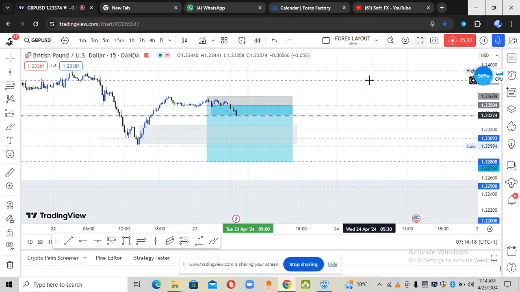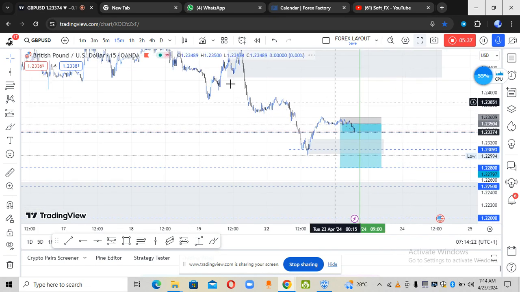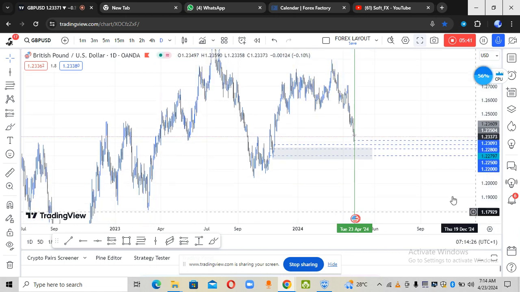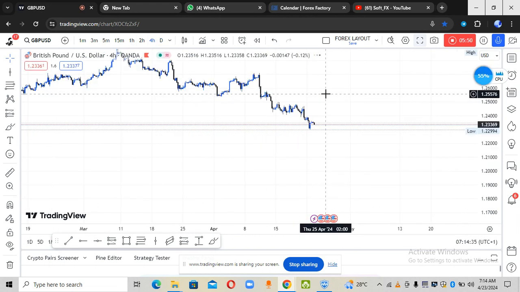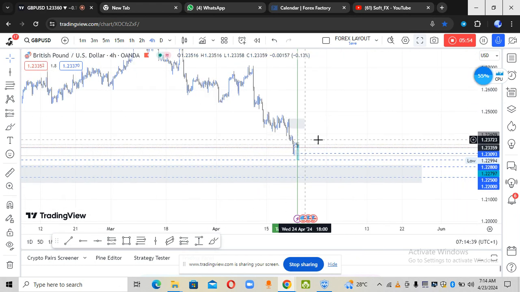So, guys, this is the update for GBPUSD, and this is where I think GBPUSD is going on the larger time frame. We are still very bearish, and I'll keep focusing on selling until we start creating a reversal pattern, maybe on the 4 hour time frame, because even on the 4 hour time frame we are still going downwards.